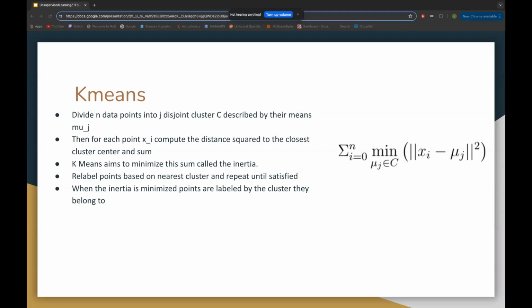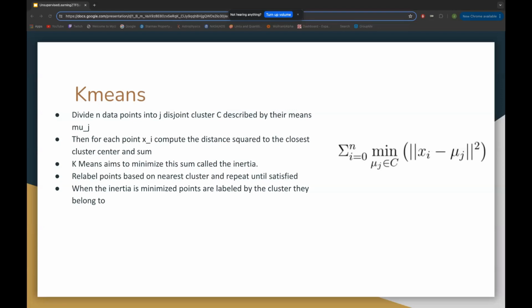In this algorithm, you pick the amount of clusters. So you pick j clusters, you divide all of your points, you pick a partition, which is a disjoint grouping, and then you compute the mean of these clusters.